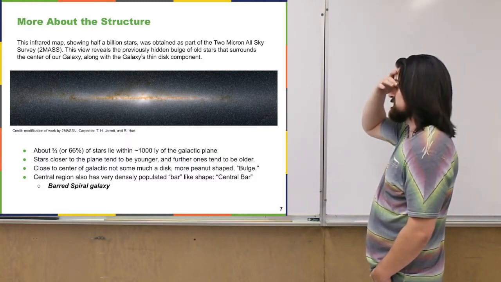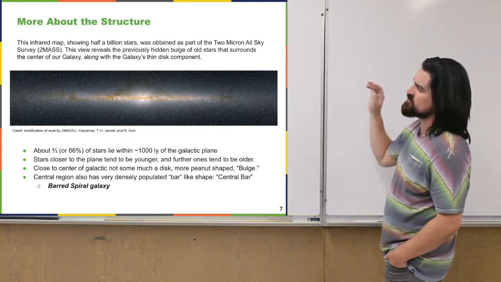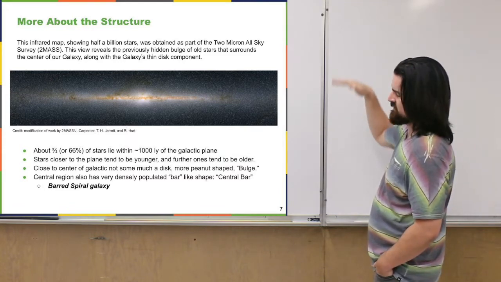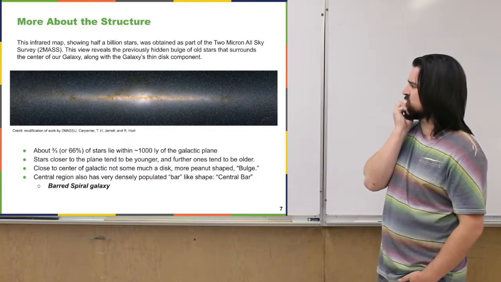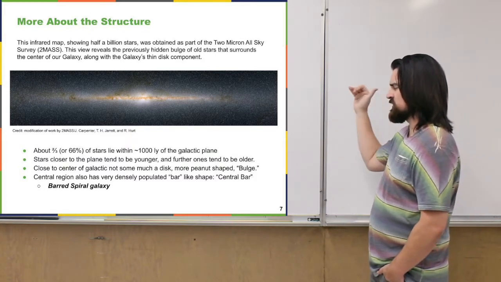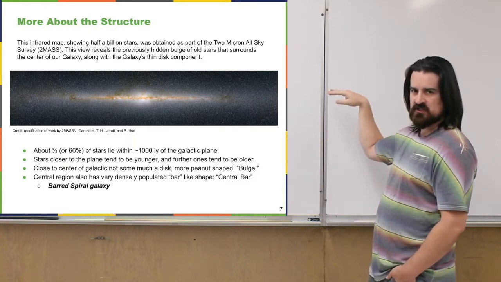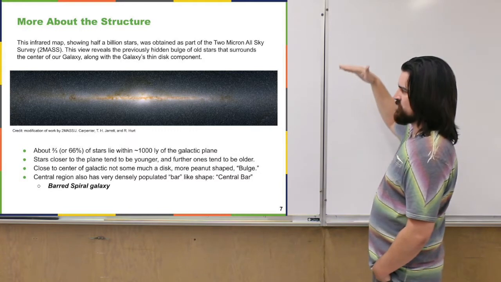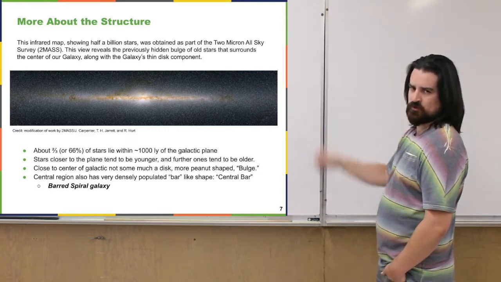And yeah, it turns out something like 2/3 or like 66% of all the stars in our galaxy lie within about 1,000 light years of that. So up and down in about 1,000 light years. Some other features: the stars that are closer to the plane tend to be younger stars, whereas stars we find further and further away from the plane, or further and further out, tend to be older.